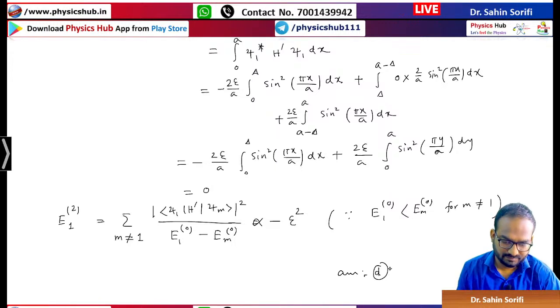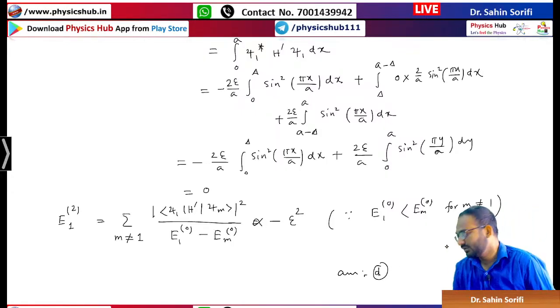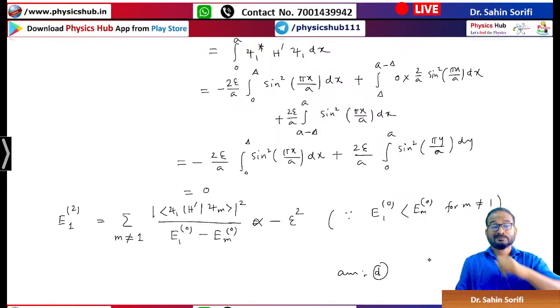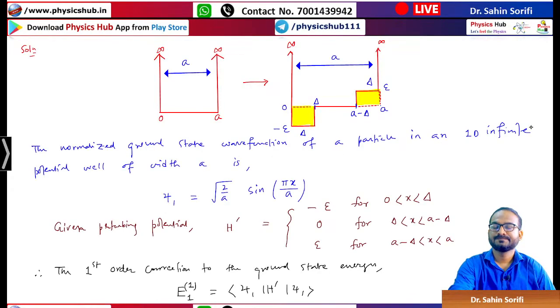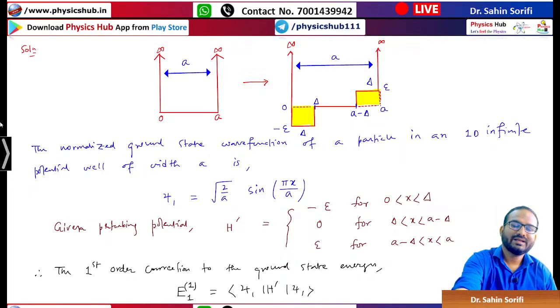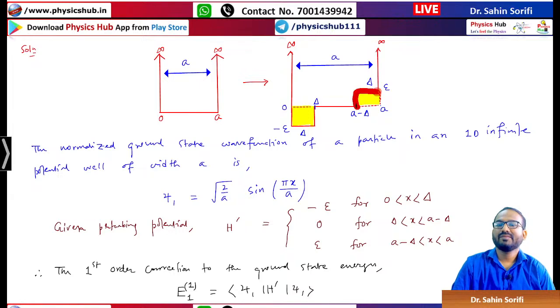Look at the penultimate step before 0, this one. It is like the area under the curve, like from A minus delta to A. You can see the length is A na.